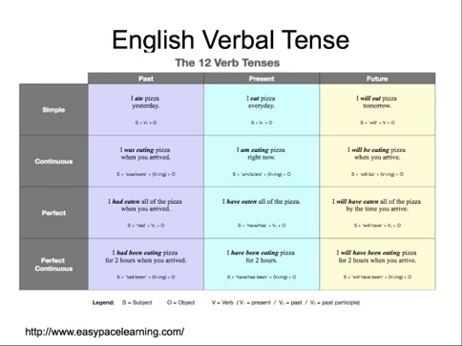Likewise, the perfect continuous, the last one on that first column there: I had been eating pizza for 2 hours when you arrived. That action was in the past, but from the position of the speaker, I had been eating, he's actually not giving it a completed value there, and so it's a continuous action. This simple, continuous, perfect, and perfect continuous, or perfect progressive as you sometimes hear, can be described as aspect.